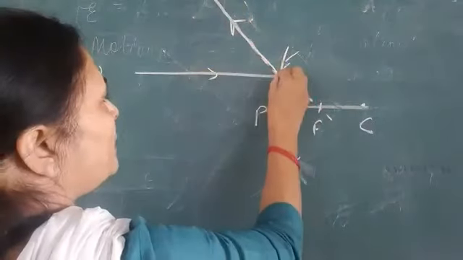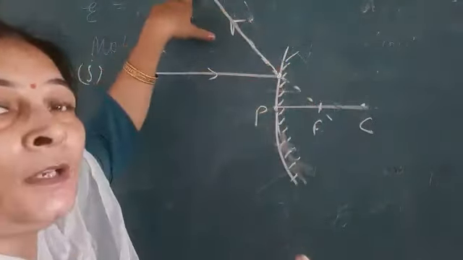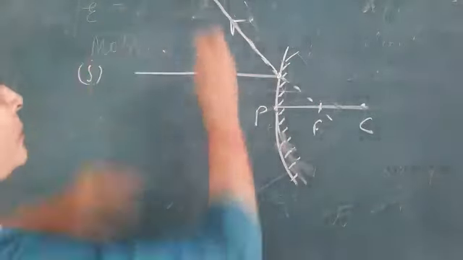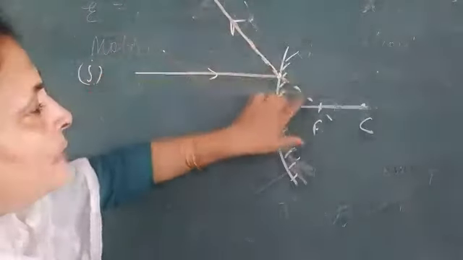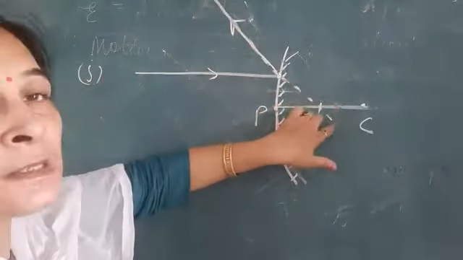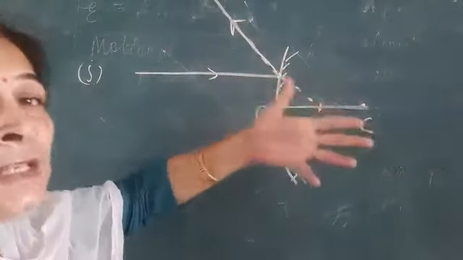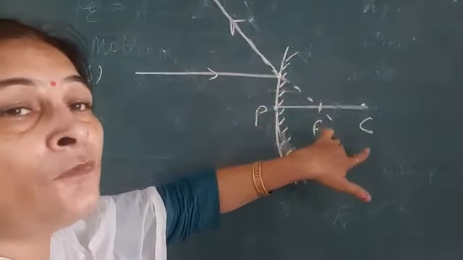Ray has come at this point, got reflected according to the law of reflection. But when a person will see from here, he'll feel that it is coming from focus. These type of images which feel as if they are there are imaginary images or virtual images.